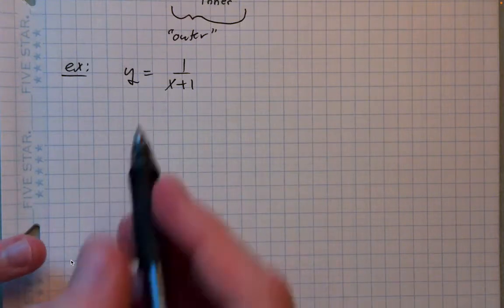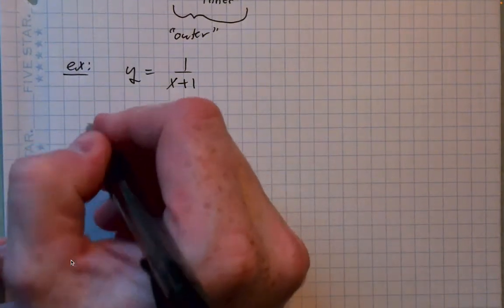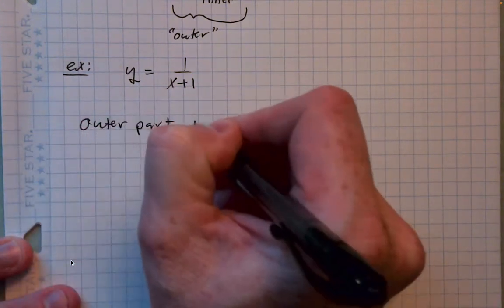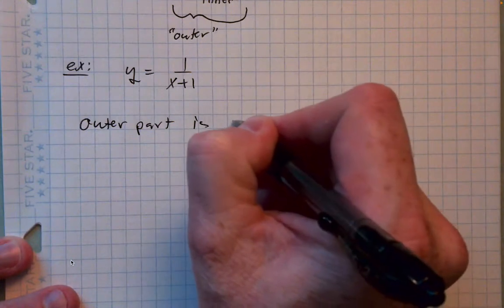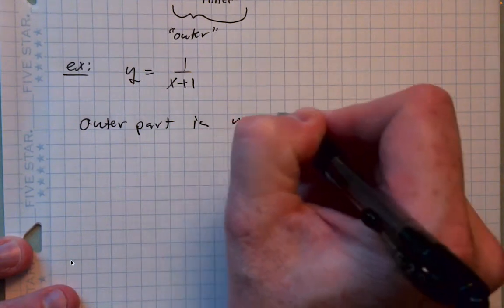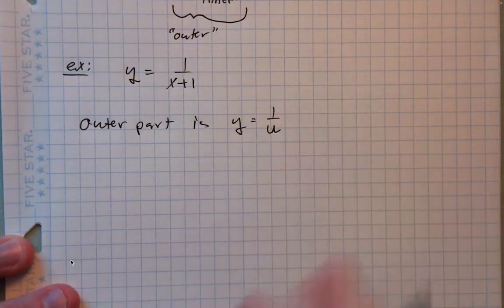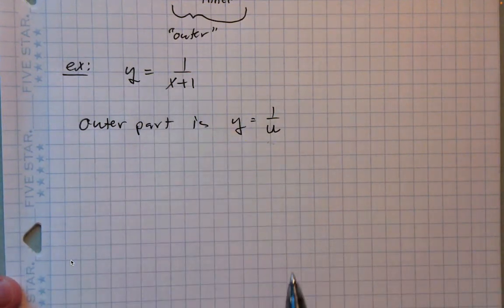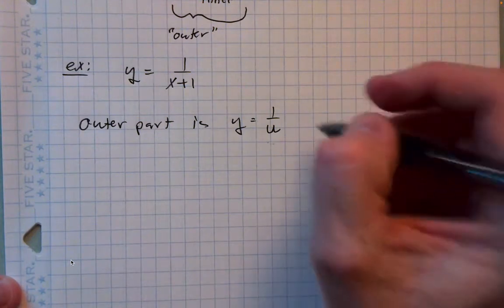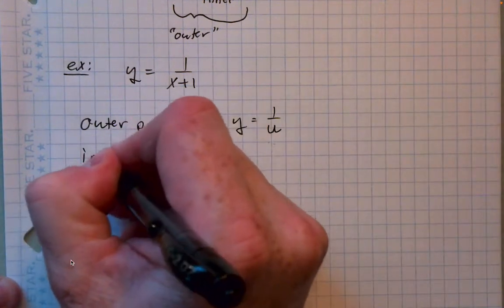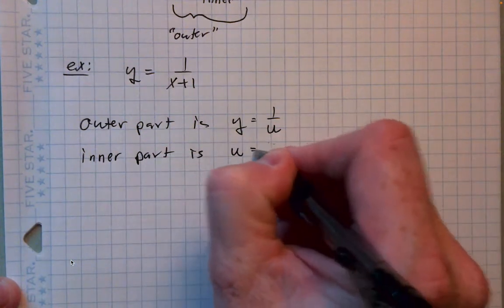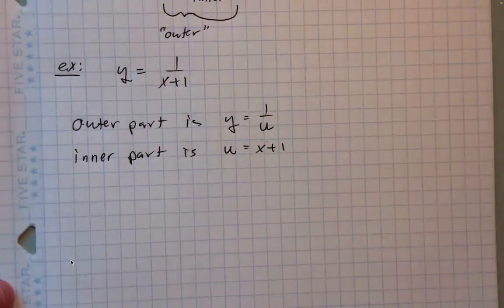The outer part you can write as y equals 1 over u. That's the structure of the outer piece of this function. And then the inner part would be u equals x plus 1.